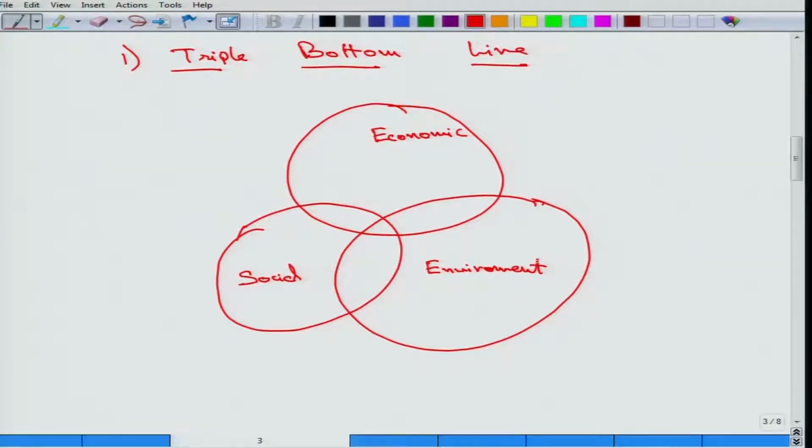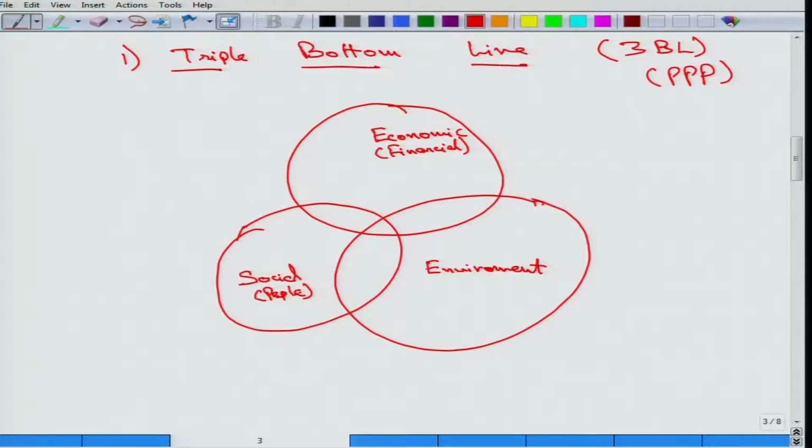Now, triple bottom line is essentially an accounting framework with these three parts, that is social, environmental and economic. This takes into concern the financial aspects, and this takes into consideration the social, the people. It is also known as 3BL, or PPP.